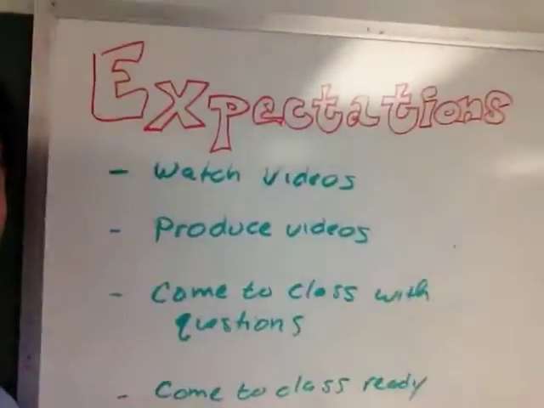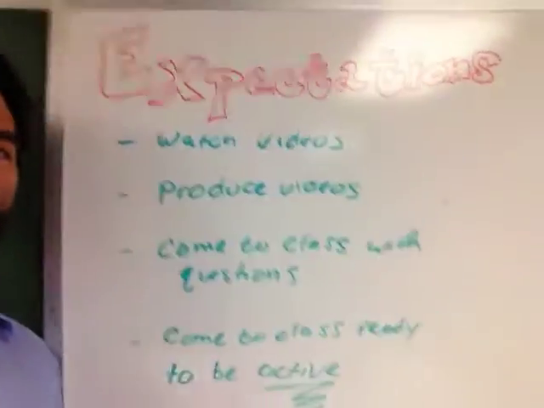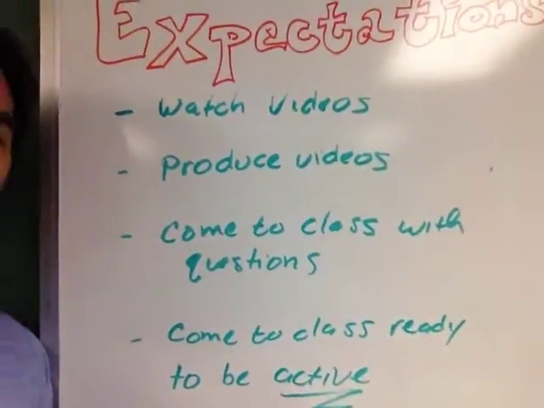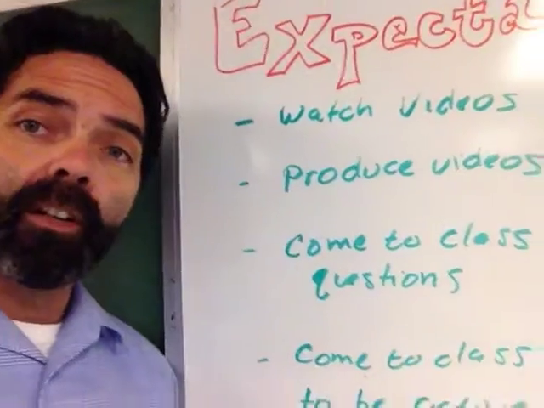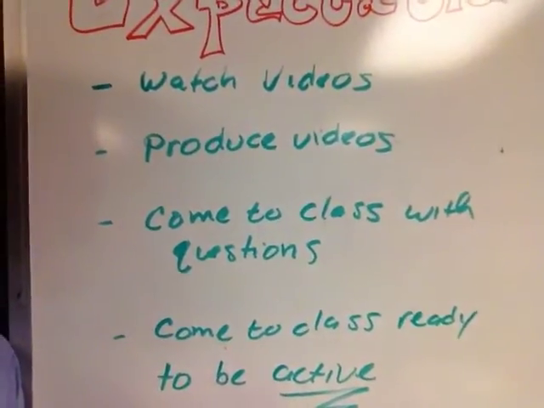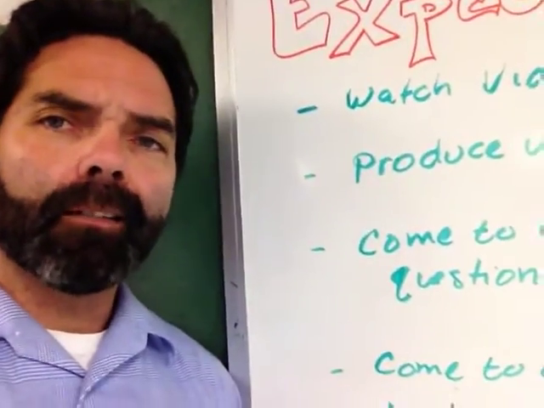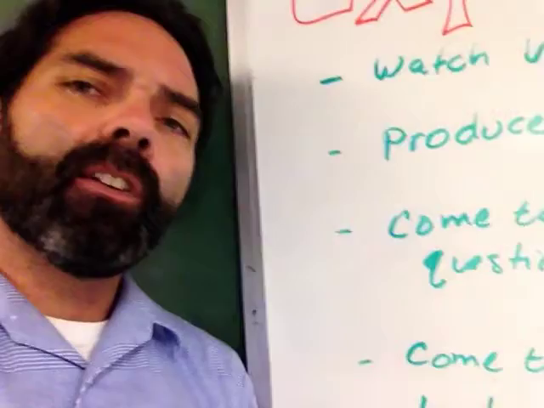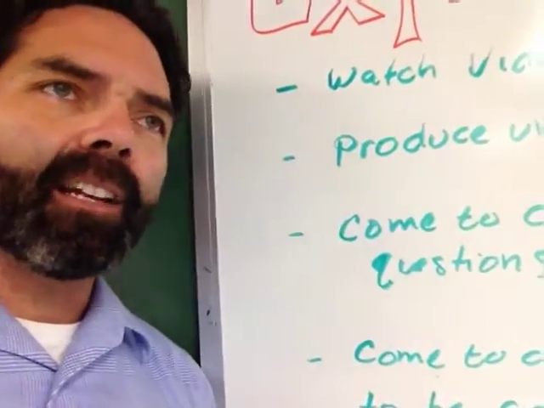So in preparation for this, a few expectations. I do expect that the learners watch the videos. They produce some of their own videos when it's their turn to teach the classroom. I expect that they come to class, preferably on time, and with questions. Okay? Giving you these videos at home doesn't mean I'm going to answer all the questions.